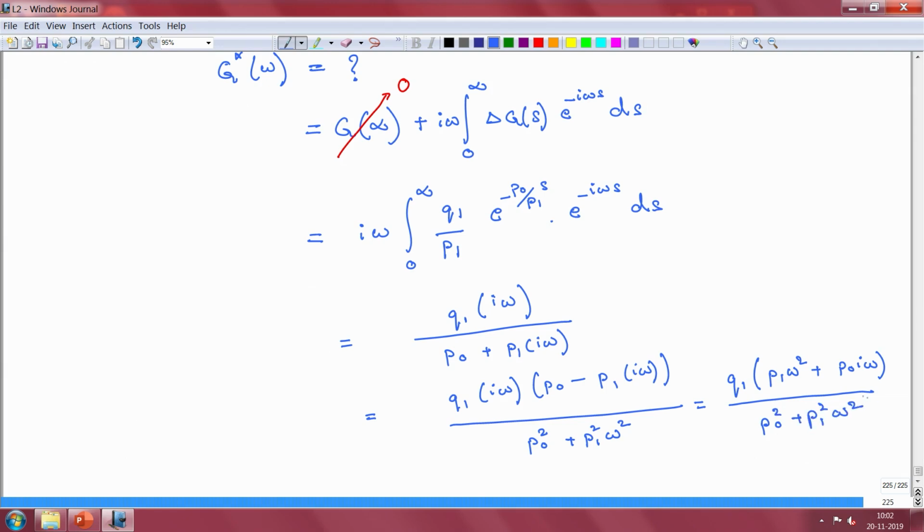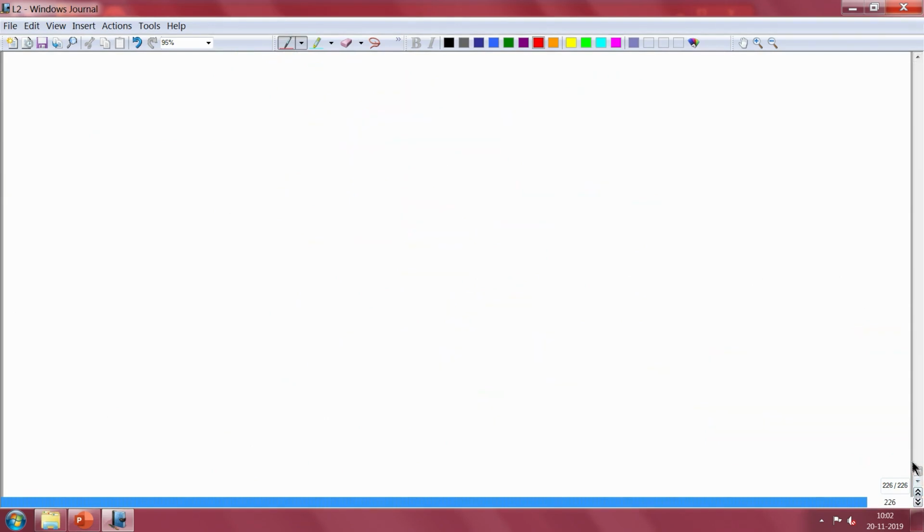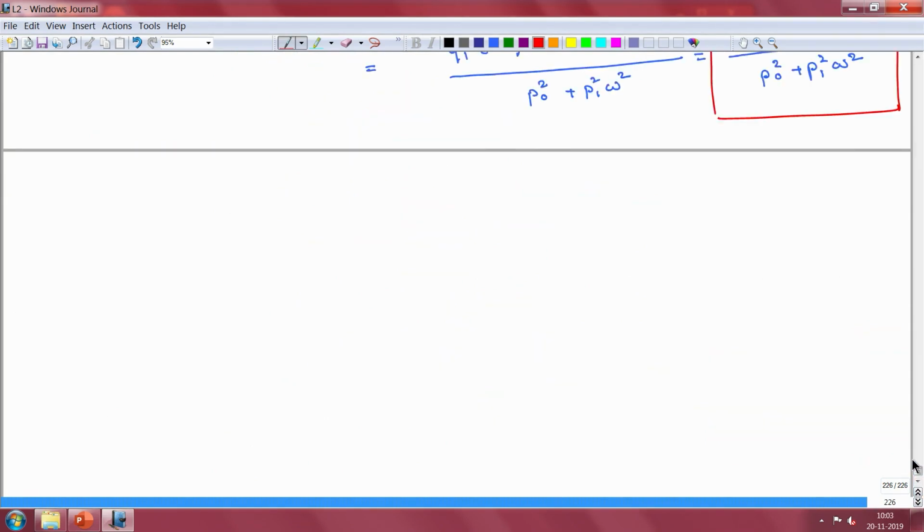So, you have basically gotten rid of the complex number from the denominator, and now you have the function G star as a complex number itself, right. So, this is the solution that we are looking for. Now, for a Maxwell model, you obviously know what these P 1, P naught, Q 1 are, and you can go ahead and replace these, and you can evaluate that for the model that you have built.